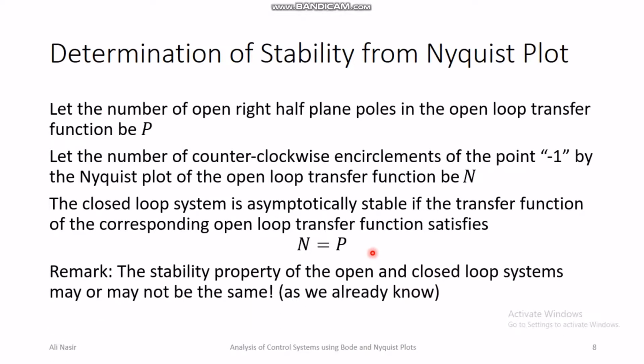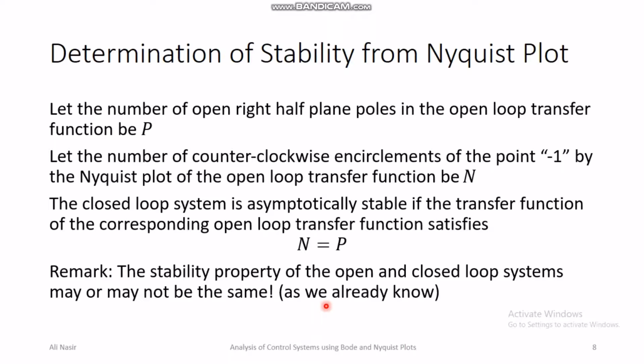The remark is that the stability property of the open loop and closed loop systems may or may not be the same, which we already know, because an unstable open loop system may lead to an asymptotically stable closed loop system, and similarly an asymptotically stable open loop system may lead to an unstable closed loop system.